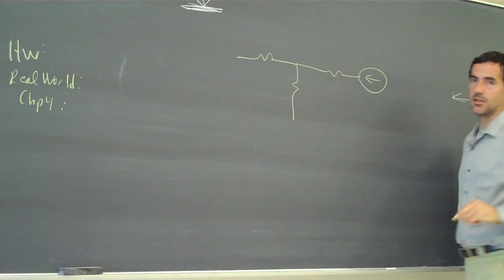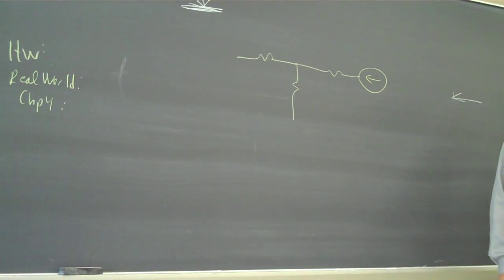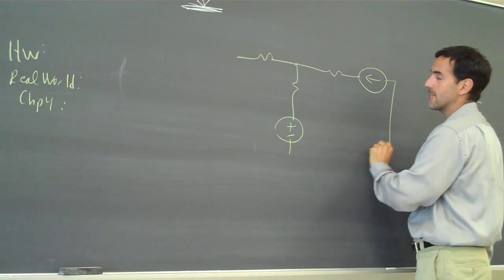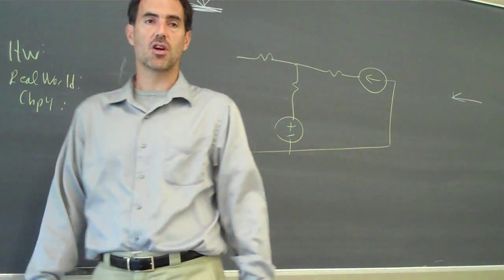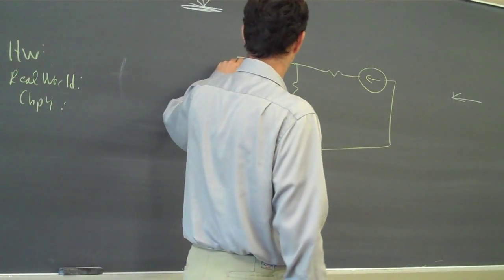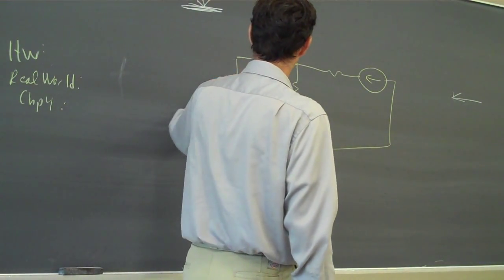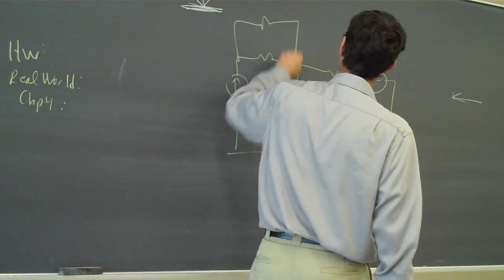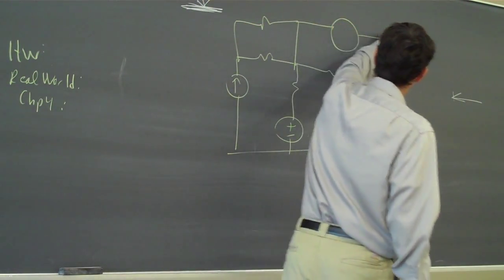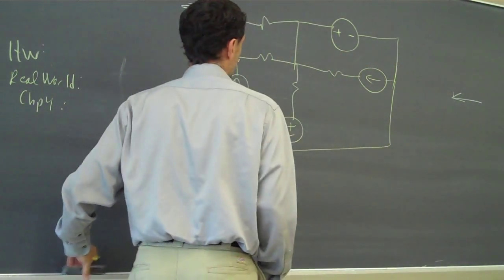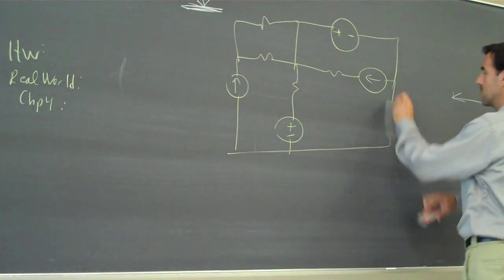Create a circuit that has both current sources and voltage sources in it. And I think when it has current and voltage sources in it, that's really what causes some of you trouble. So let's say I've got this circuit here.